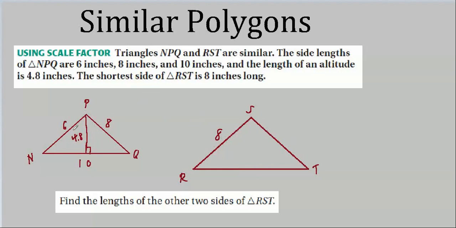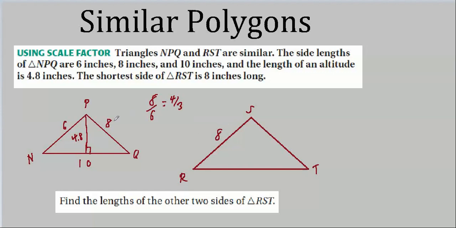What does that look like in terms of a ratio? Well, it looks like this is 8 to 6, or 8/6, which would be the same as 4/3. So, going from here to here, we have to multiply by 4/3.